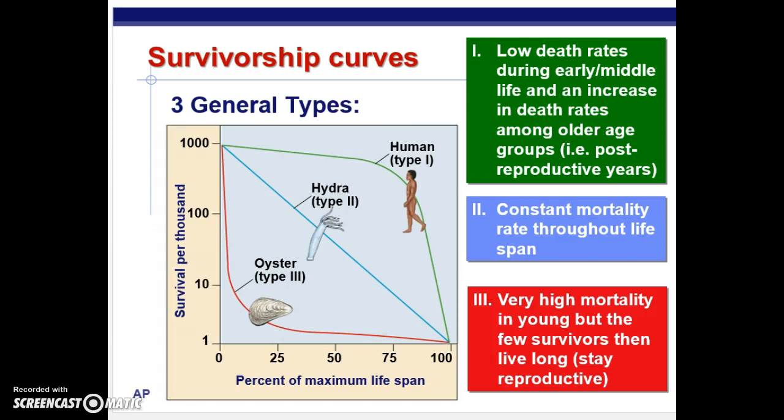Many species fall somewhere between the basic survivorship curves, or they'll show different types of curve in different populations. For example, a crab can have a stair-stepped curve, which reflects the fact that it goes through molting periods, when it is losing its shell and growing into a larger one.